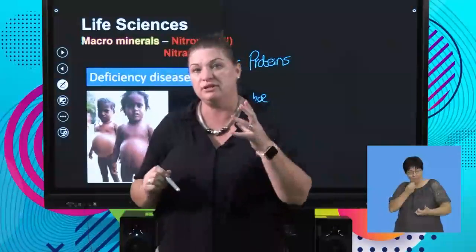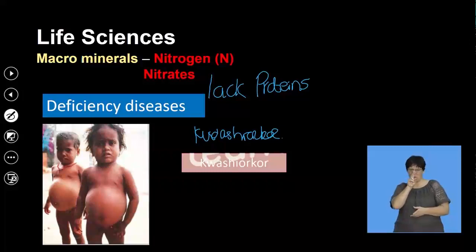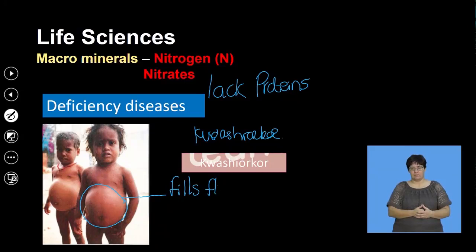Now let's have a look at the characteristics of it. We often think if we look at these little boys that their tummy is too full. Definitely not. What happens is that the tummy fills with fluid and distends out, goes big.